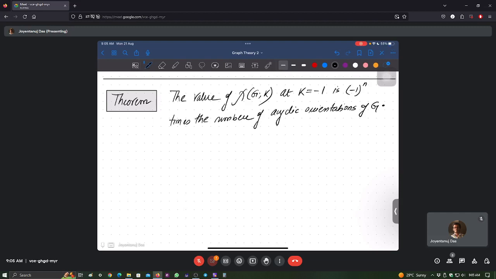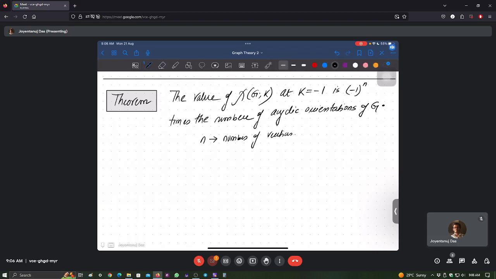Let me write it down. Now it is minus 1 to the power n times the number of acyclic orientations. So if n is even, the sign is positive, and if n is 3, for example, we have minus 1. Let me explain.